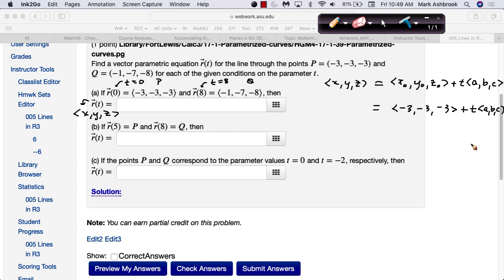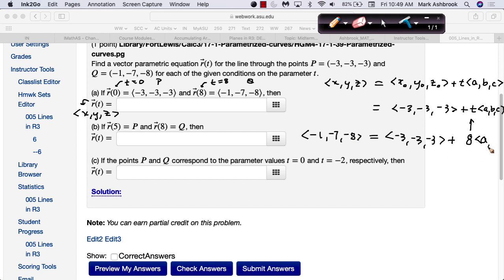Does that make sense? Okay, so we'll just do it. When we plug 8 in, what do we want to get? -1, -7, -8. So where does that go? Over here, right? When t is 8, we want the equation of the line to give us -1, -7, -8.